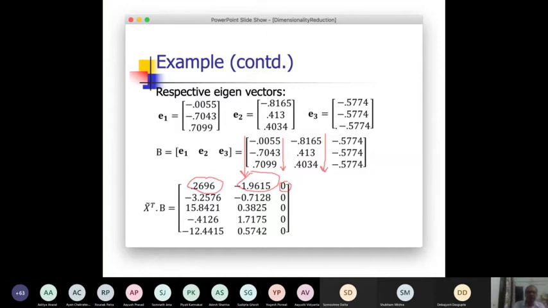So take any one, that is the first data point, which is subtracted from its mean, and then if you take the projections, you get these values. This is the coordinate. So for every data point, you can see, of course, the third component is 0, which shows that now this is the two-dimensional representation of the data point.